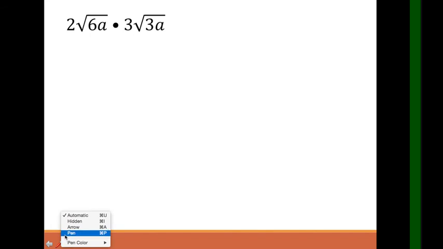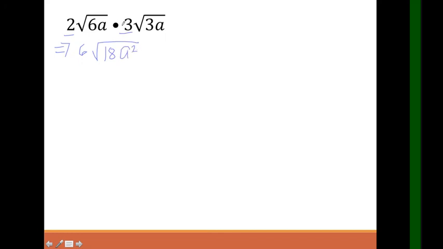So, let me turn this into pen. Okay, so paano kaya itong mga to? Okay, first, we can multiply 2 and 3. So, that's equal to 6 square root of 6 times 3 is what? 6 times 3 is 18, right? 18 times a squared.